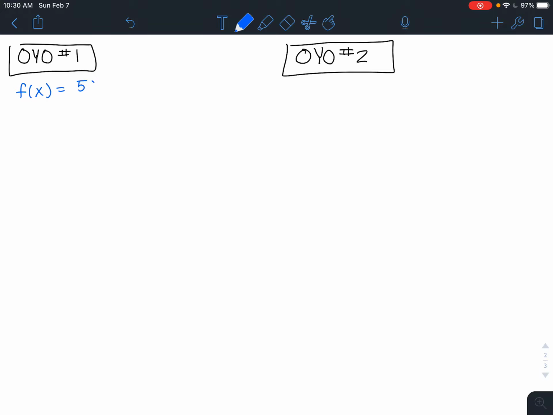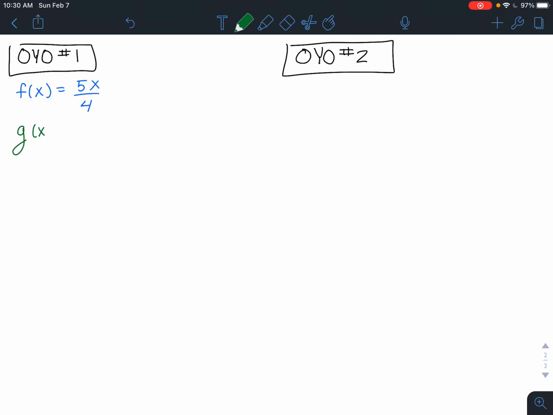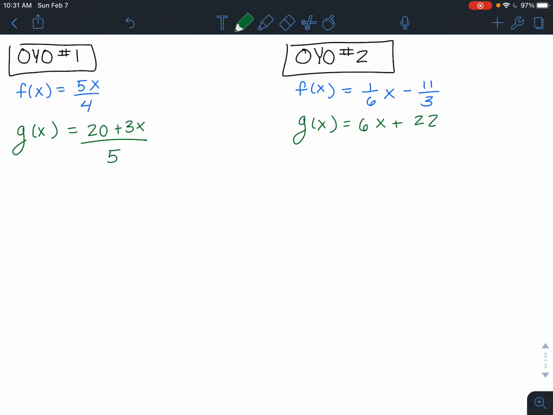So for OYO 1, we're going to let f of x be equal to 5x over 4 and g of x be equal to (20 plus 3x) all over 5. And then for OYO 2, I want you to check to see if f of x equaling 1/6 x minus 11/3 and g of x equaling 6x plus 22 are inverses. So go ahead and try both of those.